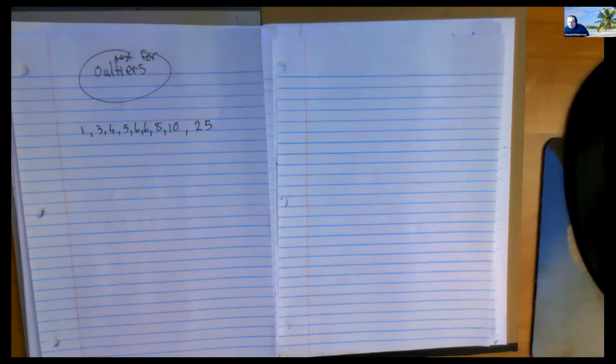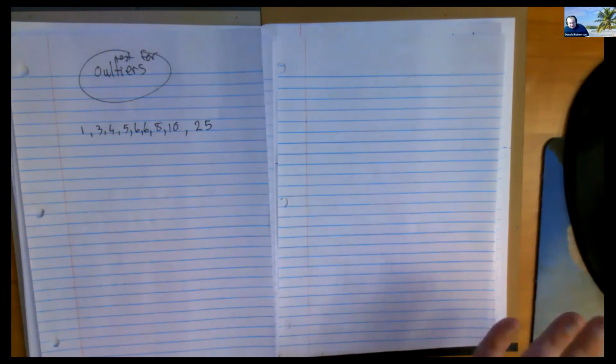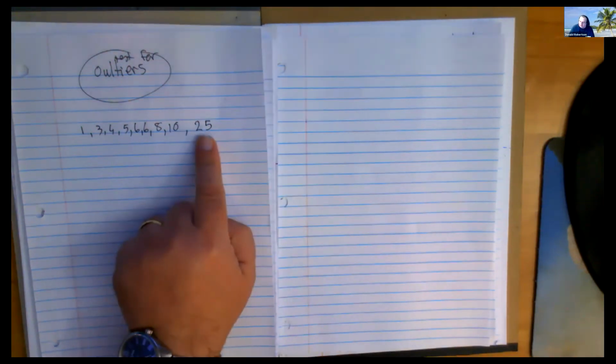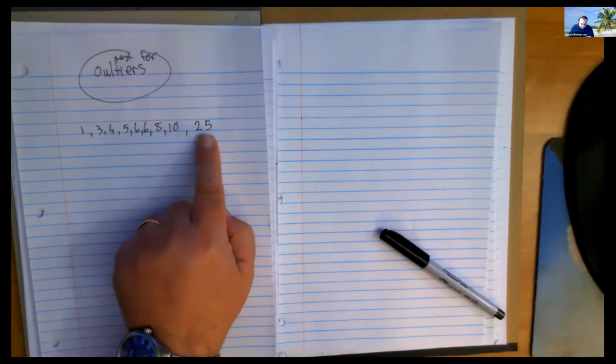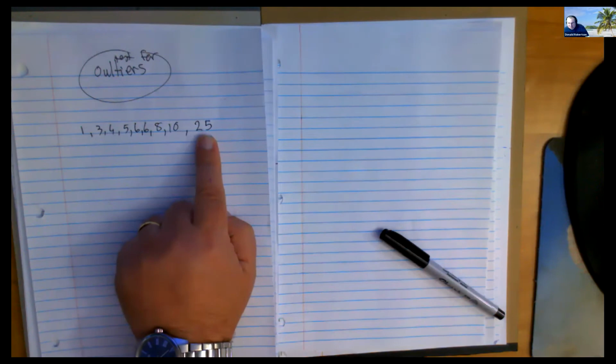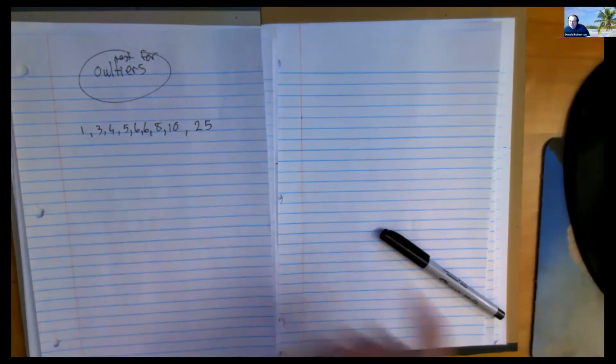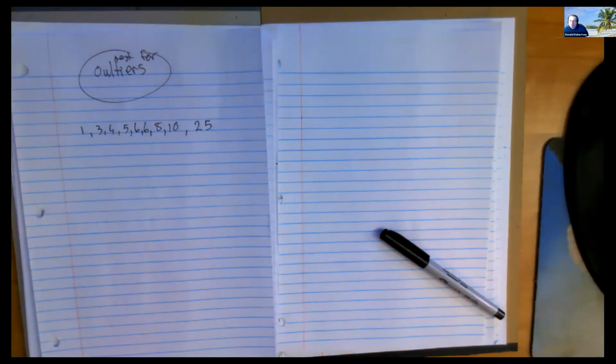The problem is that can be very subjective. Most people would say, if that was 250, I don't think I'd get an argument. Everybody would say, oh God, yeah, it's an outlier. It's 25 right now. But if this number at the end was 15, is 10 to 15 a big enough gap to be a problem?